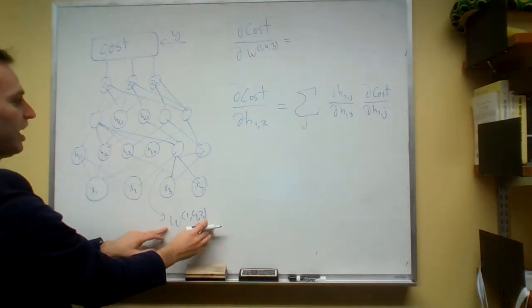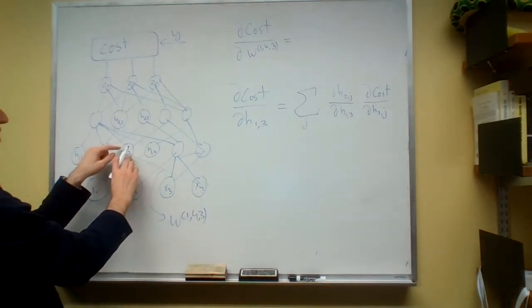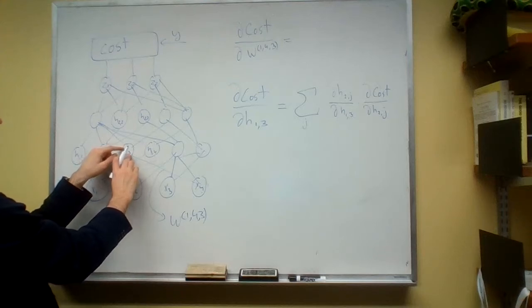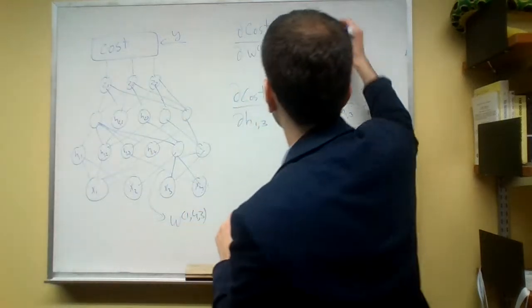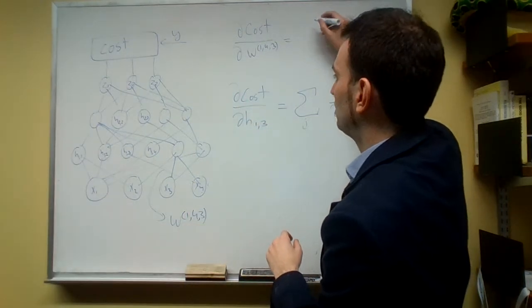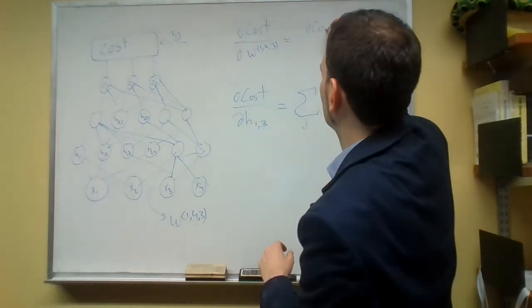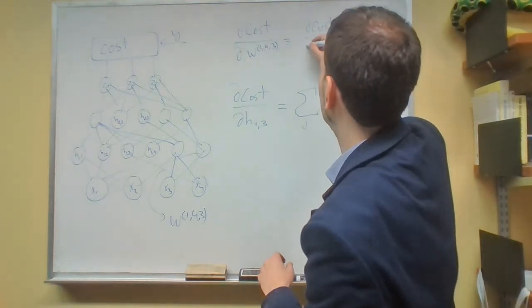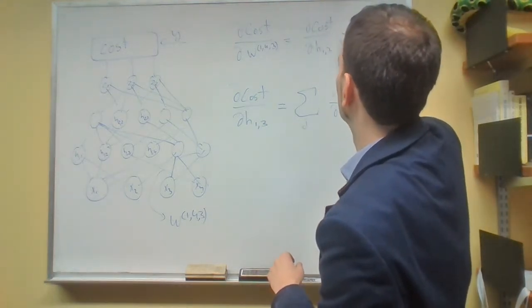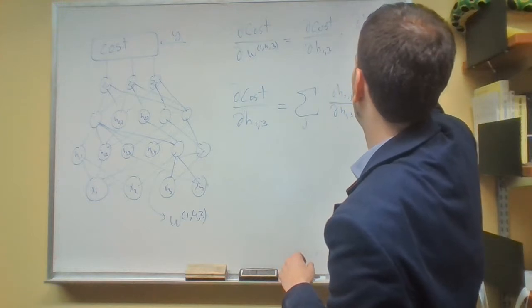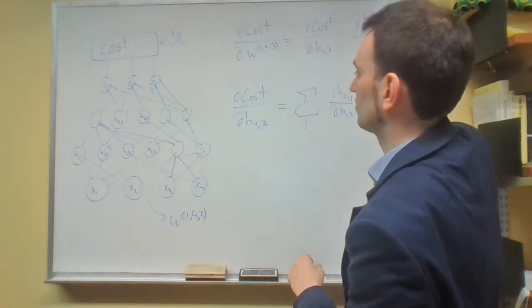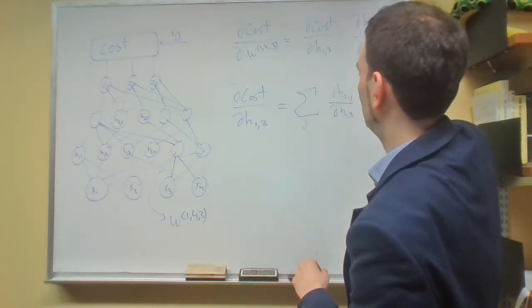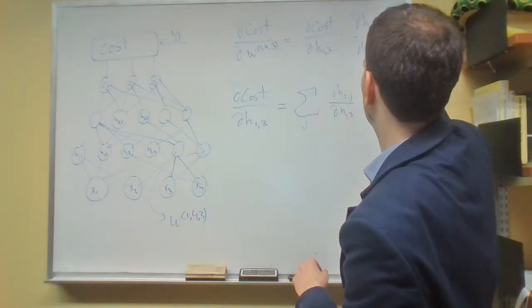You change this guy, and the only unit that changes in this layer is h13. That means all you need to do is say that it's equal to the cost by dh13 times dh13 by dw143.